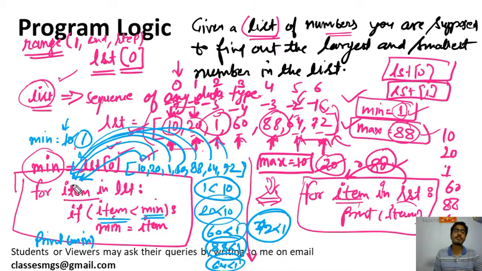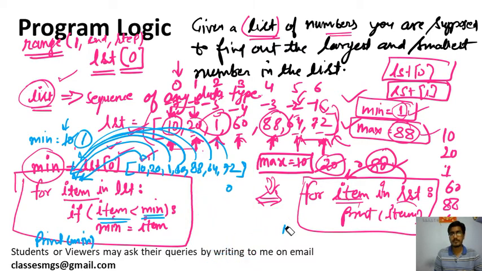In a similar way, you can also write the same condition below this to find the maximum element. I have already told you how to find the maximum element, but let me show you the maximum element here also. So for the maximum logic, you know how to solve this same problem.